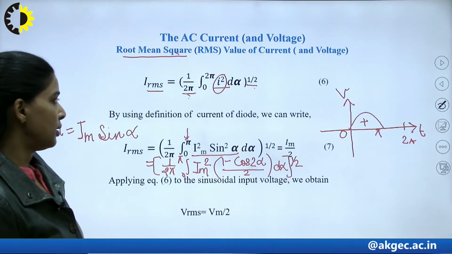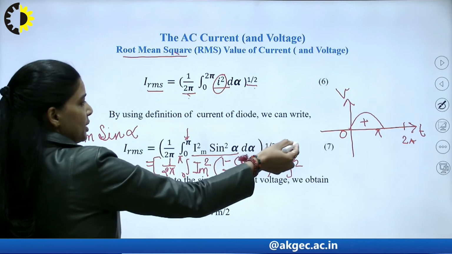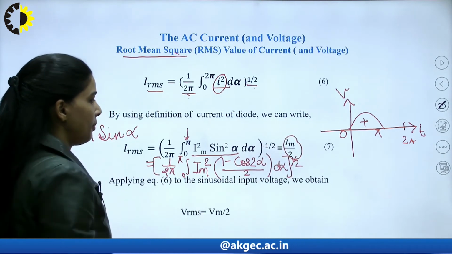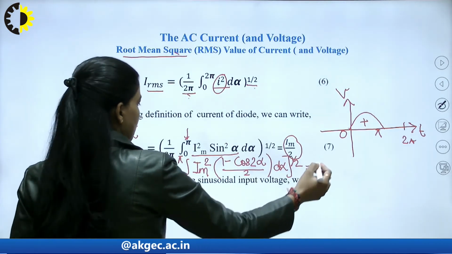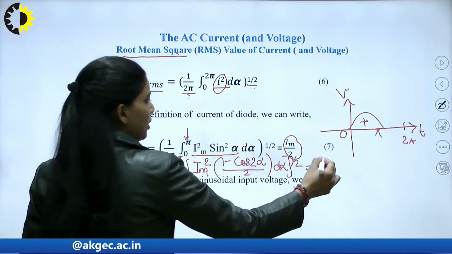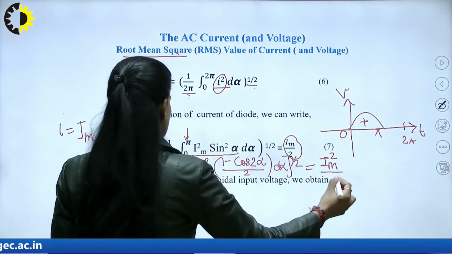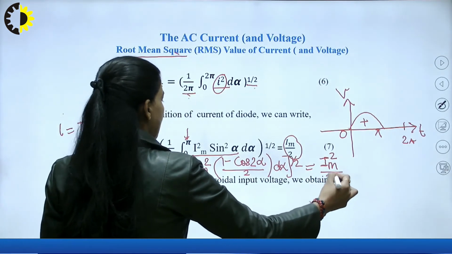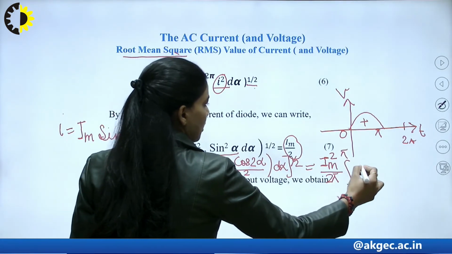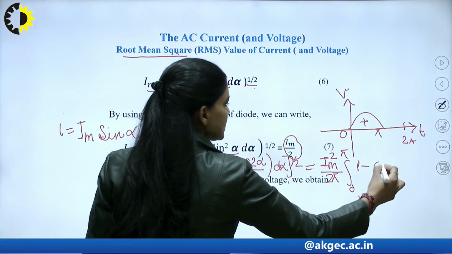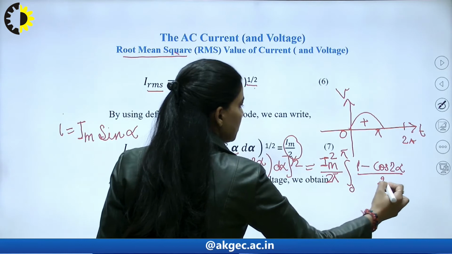Integrating this part, we will get the value of IRMS as Im by 2. Let me solve it further. Taking this Im square out of this integration as it is independent, 2 pi, limit is 0 to pi, and we have 1 minus cos 2 alpha upon 2.